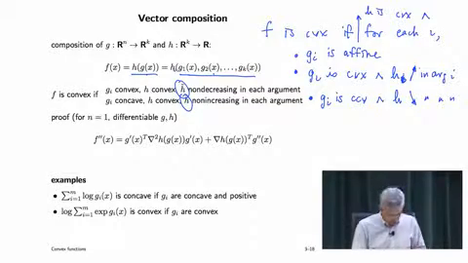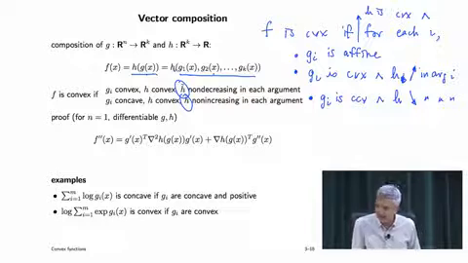It is increasing in each argument. It's non-decreasing. You have to distinguish between informal speech and writing: when I'm talking, I say increasing to mean non-decreasing. So this also tells you that the pointwise maximum of a bunch of convex functions is convex. You actually get a lot out of this one composition theorem.